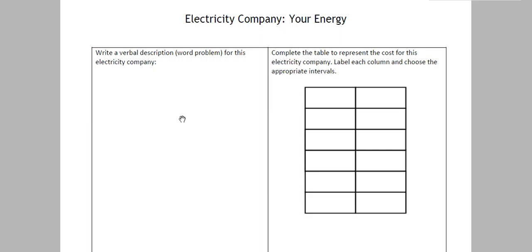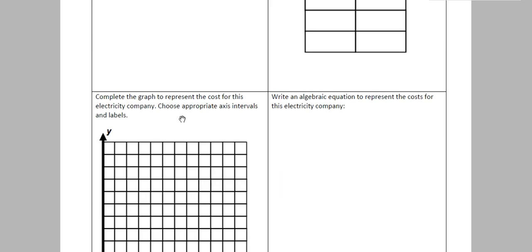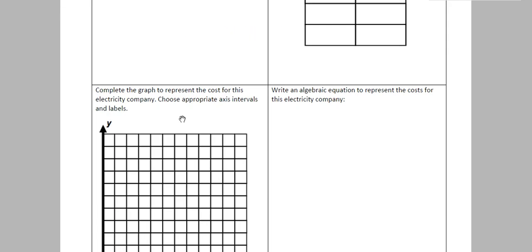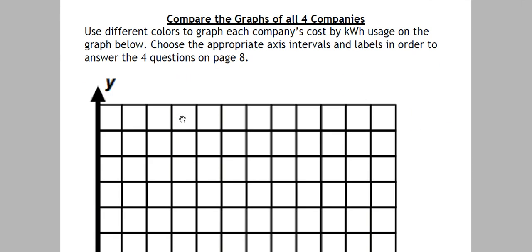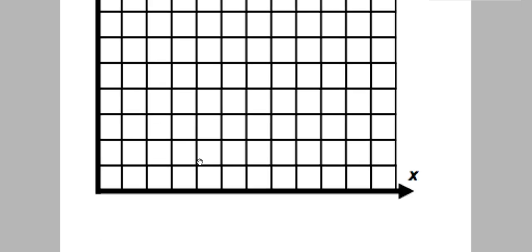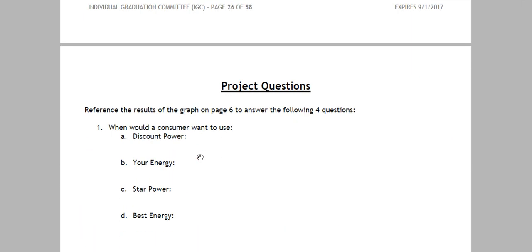Write the equation. Here it is for the second company, same thing. Third company and fourth company. Then, to compare all 4 companies, you're going to put all 4 graphs on one piece of paper. Again, use different color markers or whatever. And then you're going to answer these questions about it.